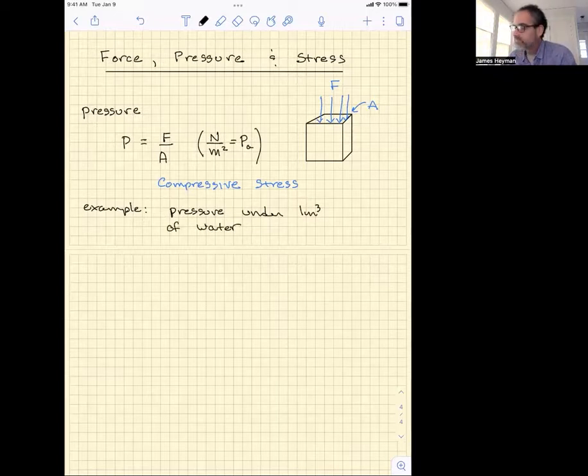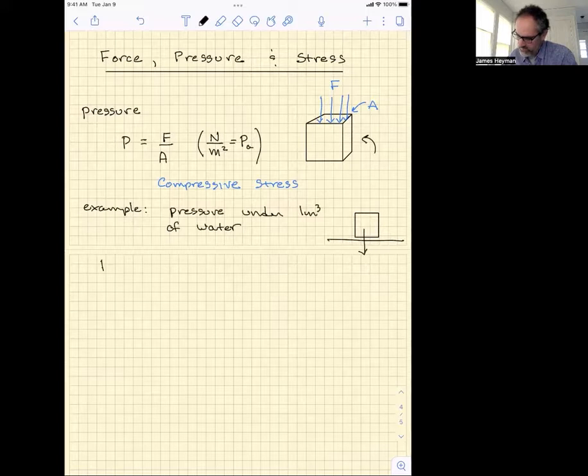Okay? So let's suppose the cube we're talking about is this one, but it's made of water. And we're interested in the compressive stress that this cube exerts on the surface that it's sitting on.